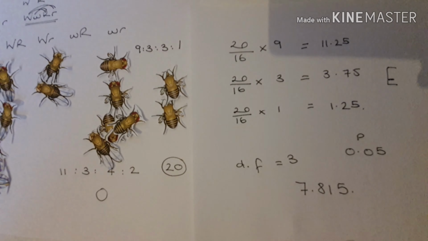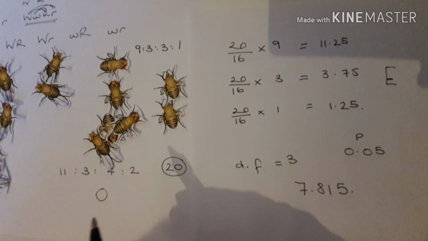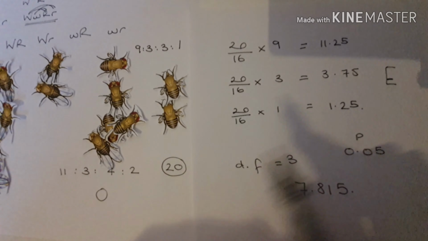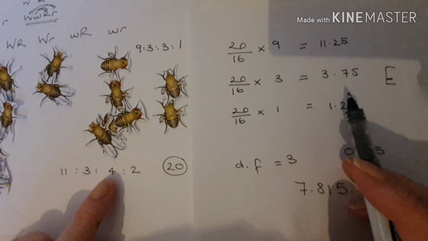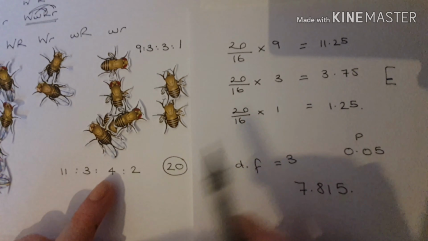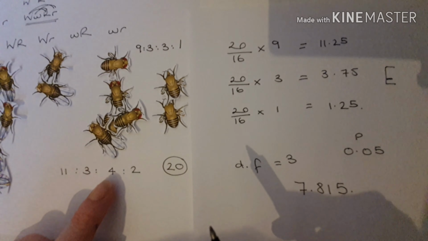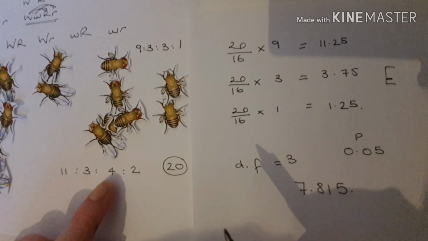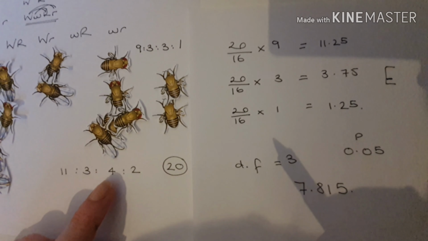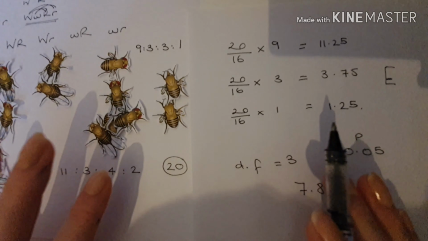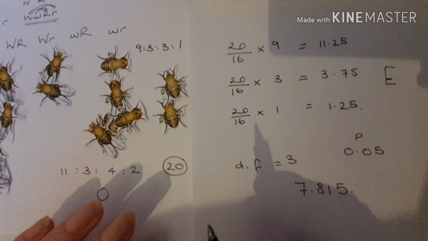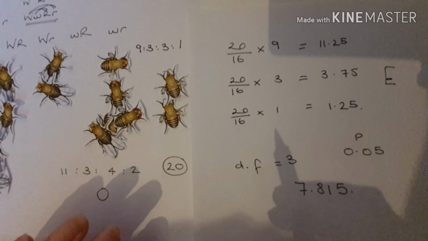In this case, our results are so close to the Mendelian ratio 9-3-3-1 that any difference we do have is due to chance. It's due to chance in the population. Mendel wasn't wrong. We don't need to rethink all the laws of inheritance that we've been following. It is statistically insignificant and it is simply due to chance.